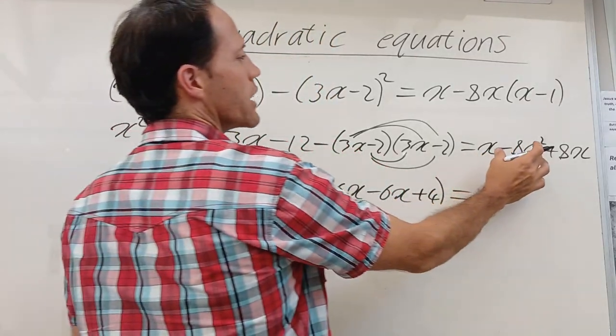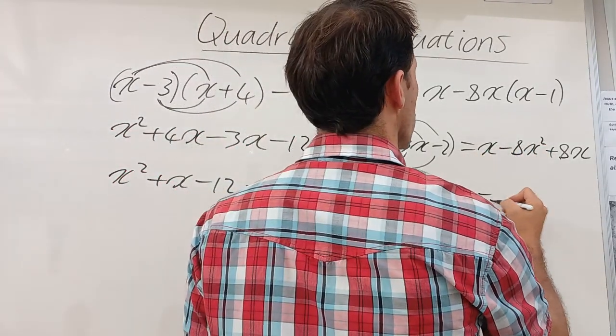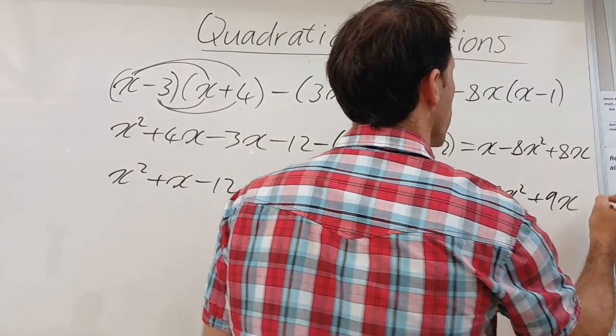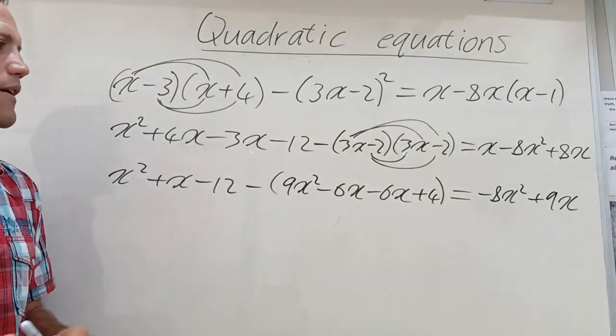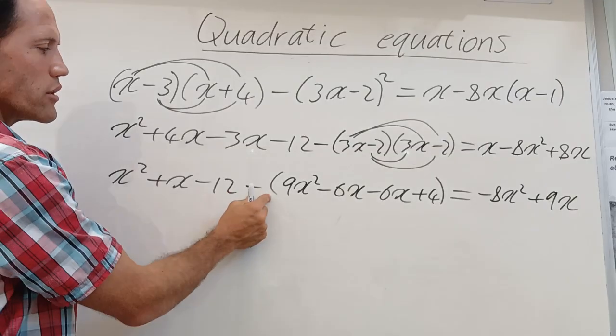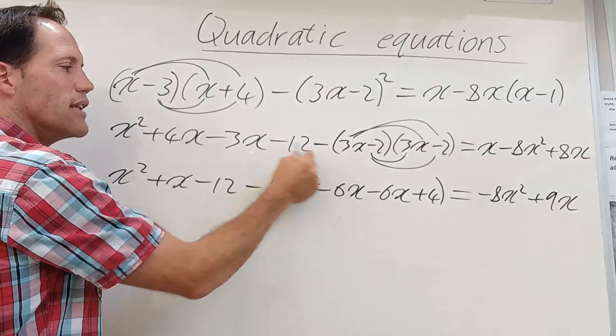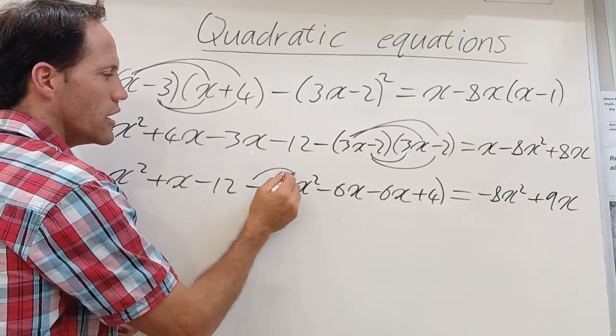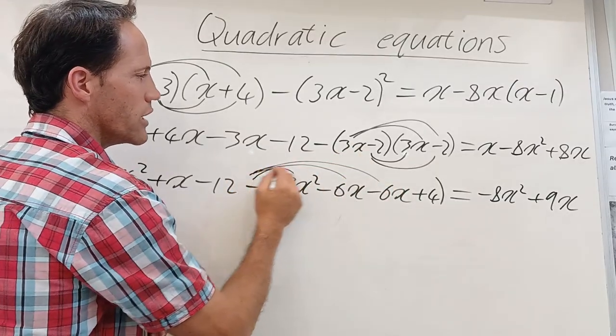And now here we can say it's negative 8x squared, and then x plus 8x is plus 9x. So we added them. But you see this negative is important that we leave it outside, because now we have to multiply it with all of them on the inside.